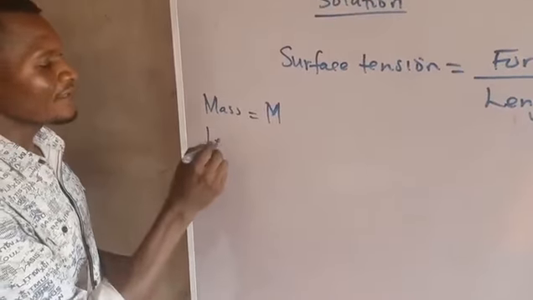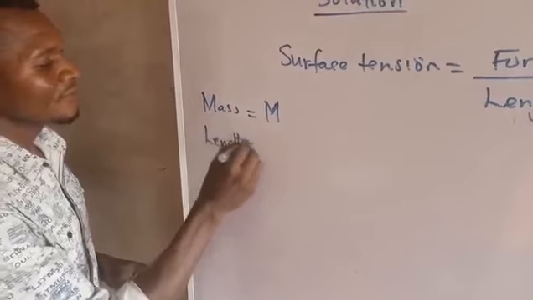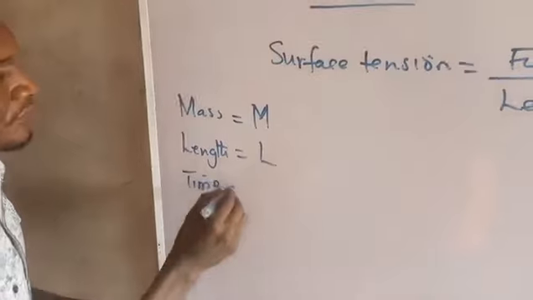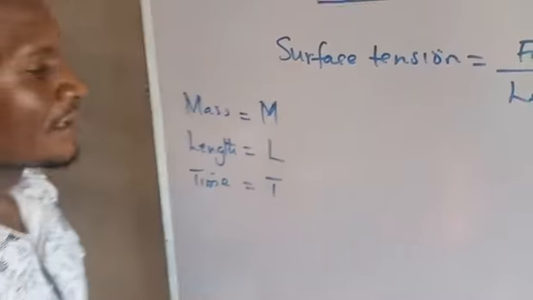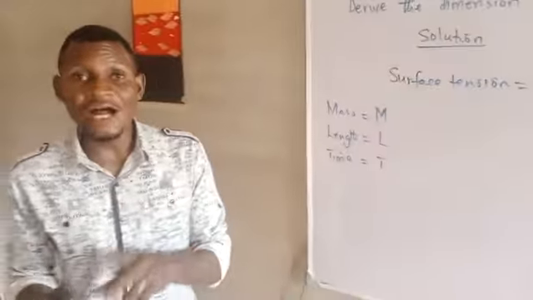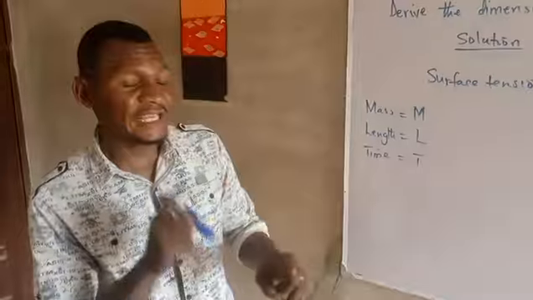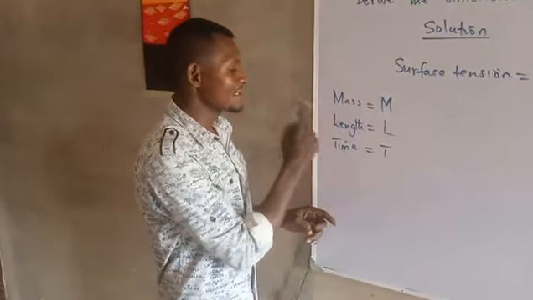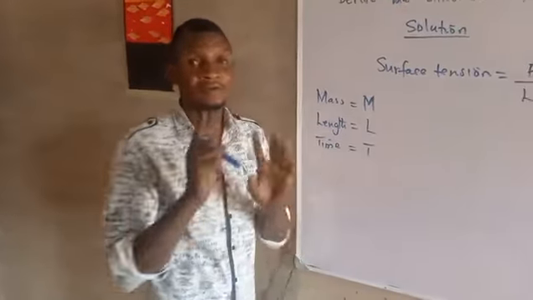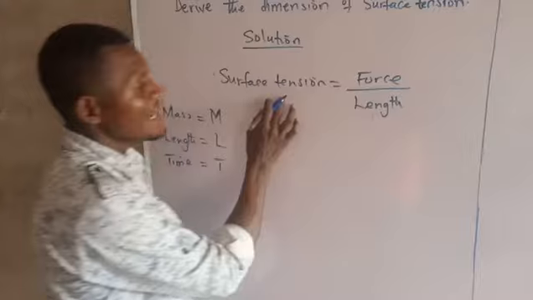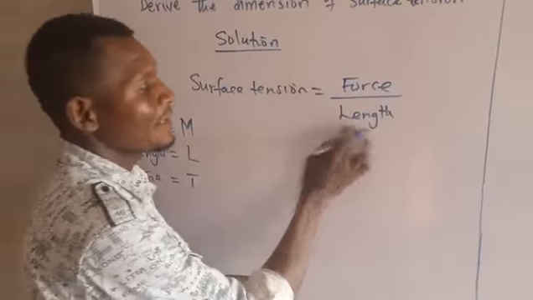We have length or distance, we use capital letter L, and we have time, we use capital letter T for it. So any quantity that you have to obtain its dimensional analysis is supposed to be expressed in the form of mass, length, and time, or current. So we have surface tension here as force over length.